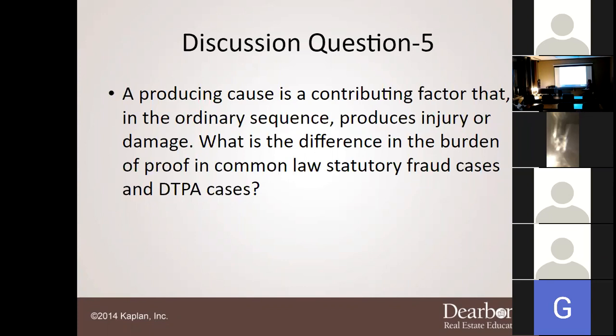Let's take it in sequence, like little tidbits here. So a producing cause is a contributing factor. It's this particular situation caused the damage in an ordinary sequence and produces the damage. So what is the difference in the burden of proof in common law statutory fraud, keyword fraud, and DTPA cases?